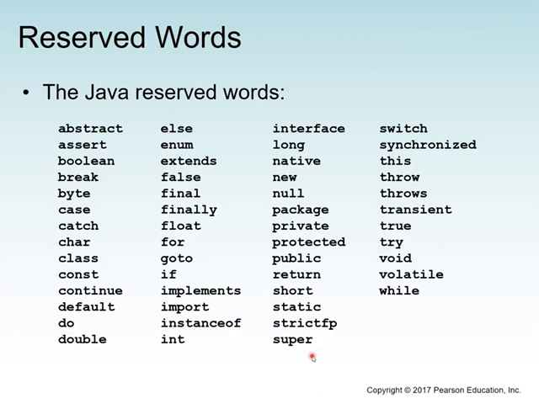Some of these we will be using throughout the course of this topic. Others, like goto and things like that, we will not. However, having an idea of these sorts of words gives you an idea of the size of what we can actually produce and how important it is that if we see a message saying, oh, you can't use that word, it's typically going to be because it is a reserved word.